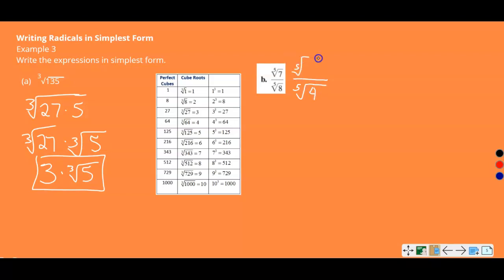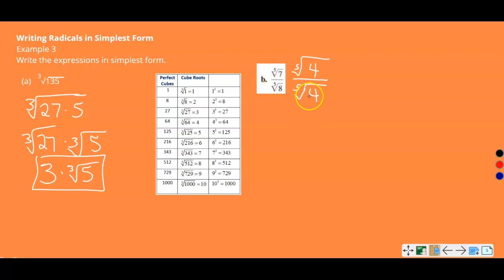And this has to be a version of 1. If you remember in your vocabulary terms, you're always multiplying by some version of 1, which means you're multiplying by something over itself, and anything divided by itself is 1. Right now we're just trying to manipulate the denominator so that it's no longer a radical. The numerator can be a radical, but the denominator cannot be, or it's not considered simplest form.